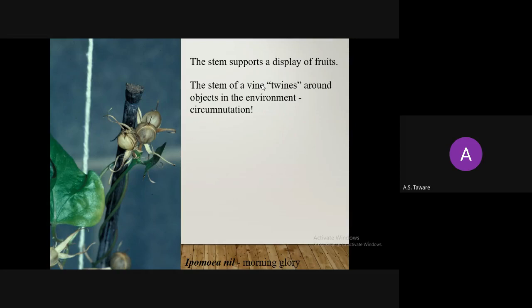So stem is giving support. Stem is twisting over the support and supporting the plant. It is supporting the display of leaves, flowers, and fruits.